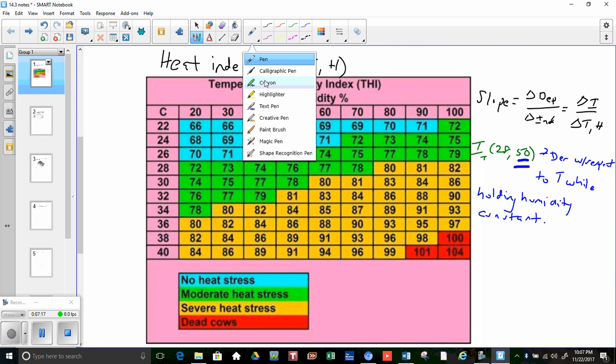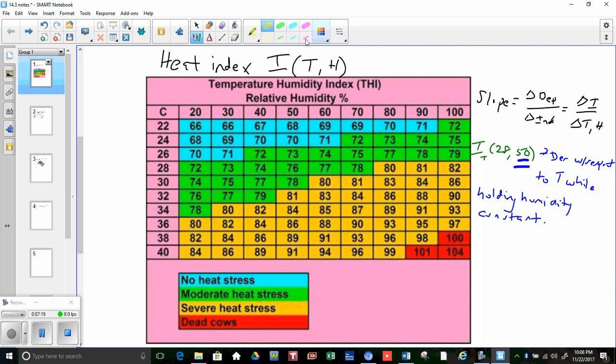Let's go with a highlighter. Boy, I'm not sure how any of these are going to show up. Let's try yellow first. So here is the 50 degrees. This is what we're going to hold constant. It's kind of hard to see over top of the yellow, but that's the idea. You know what? I don't like that. Let's try a different color.